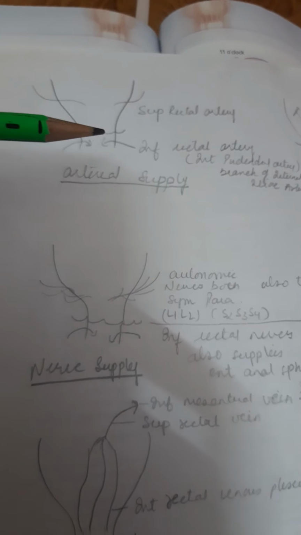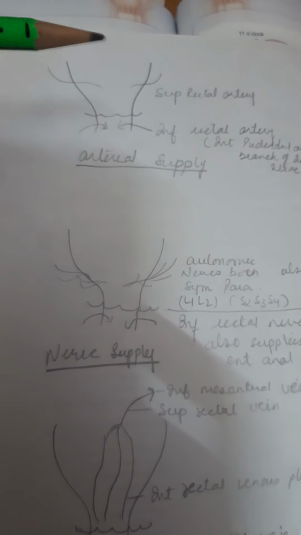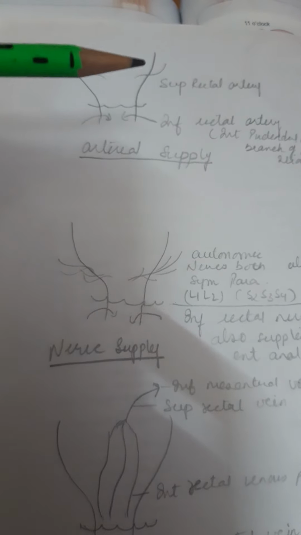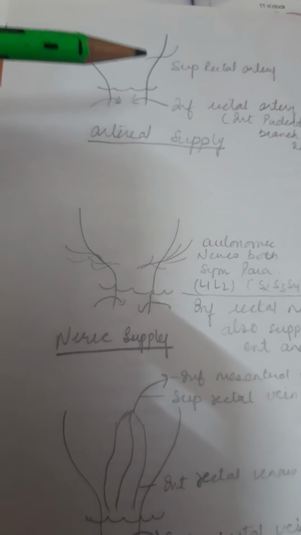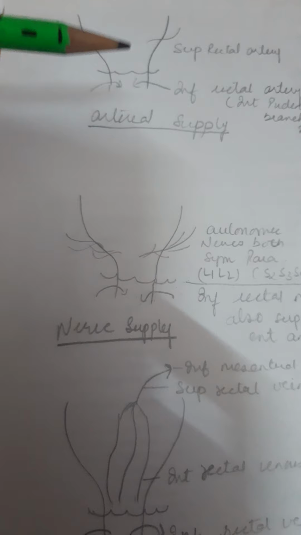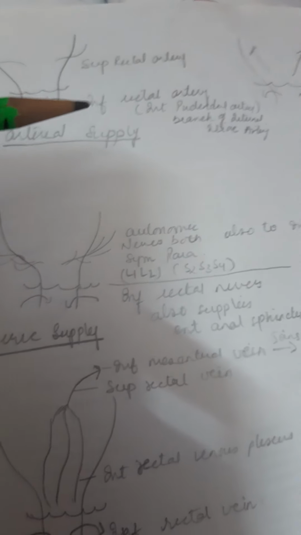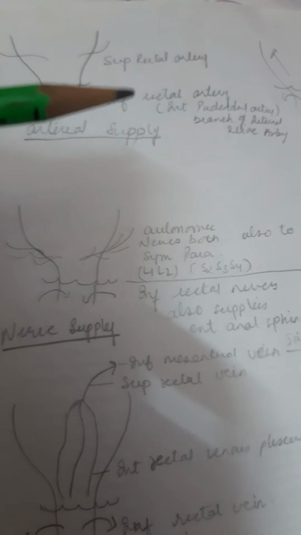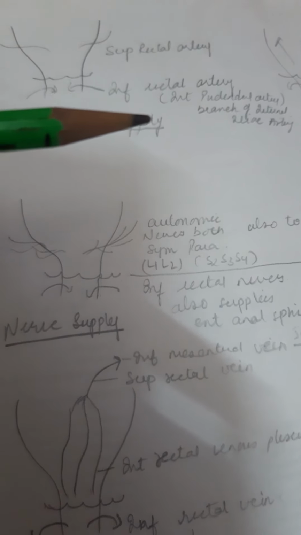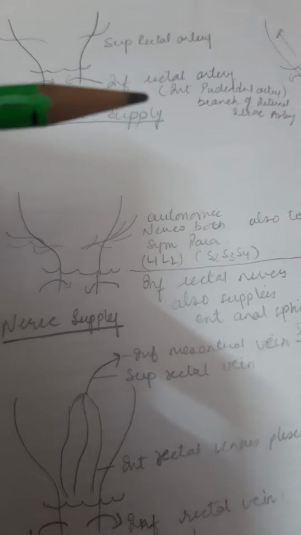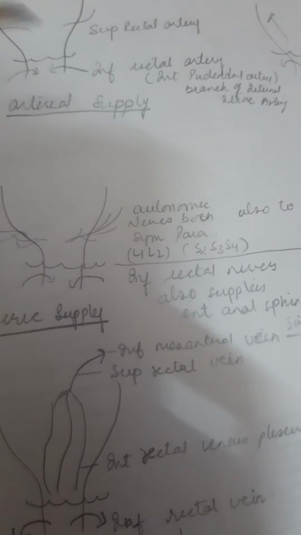So this is the pectinate line. Above this it is supplied by the superior rectal artery, which is the branch of the mesenteric artery, and the part below the pectinate line is supplied by the inferior rectal artery, which is the branch of the internal pudendal artery, and internal pudendal artery is the branch of the internal iliac artery.